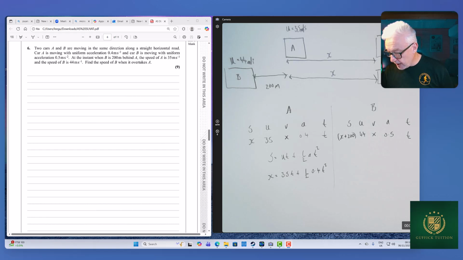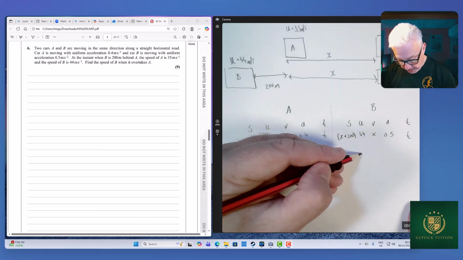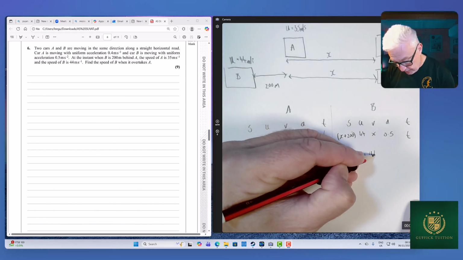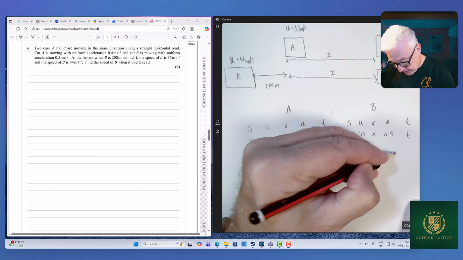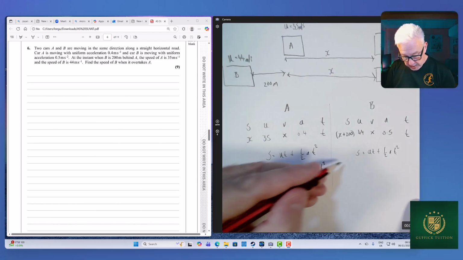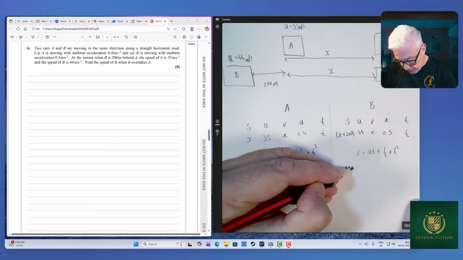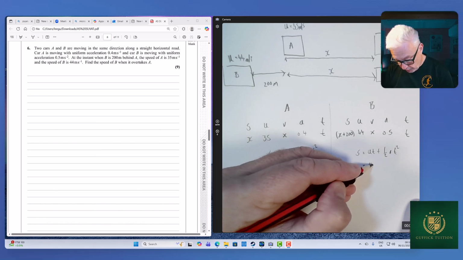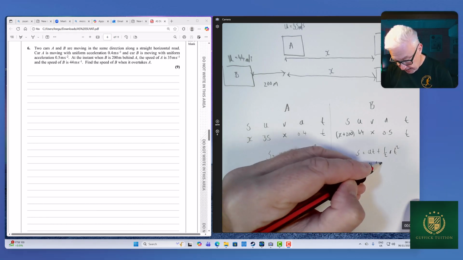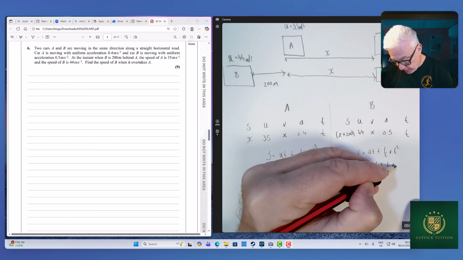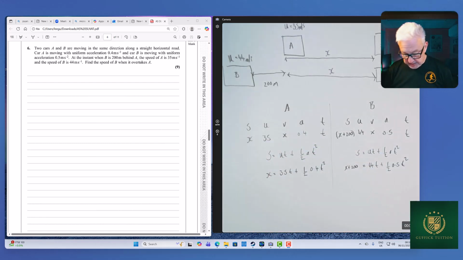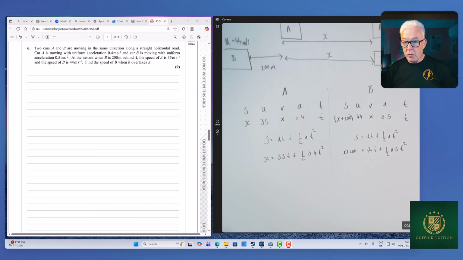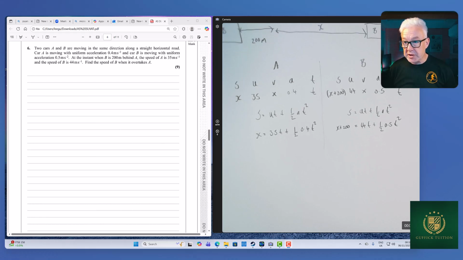So we can now write down a SUVAT equation for B. S is equal to ut plus a half at squared again. So we've now got X plus 200 is equal to 44 times t plus a half times 0.5 times t squared. Now we've essentially got a pair of simultaneous equations that we need to solve.